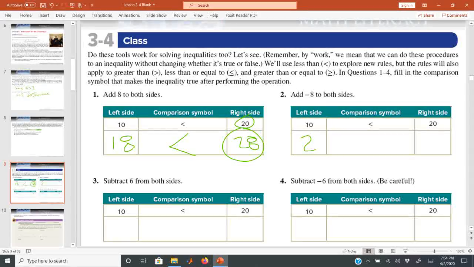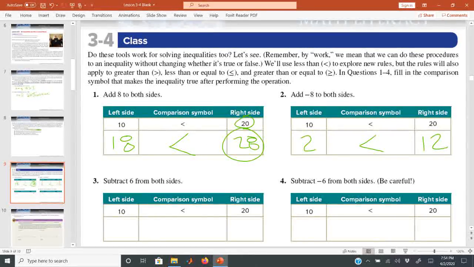So 10 plus negative 8 equals 10 minus 8 equals 2. 20 plus negative 8 equals 12. And if we look at that, yes, 2 is still less than 12. So we are doing the same thing to both sides of the inequality, and so far it's working out. We're still able to do what we did with equations and still have our inequalities be true.